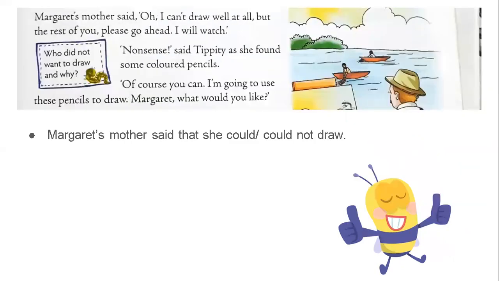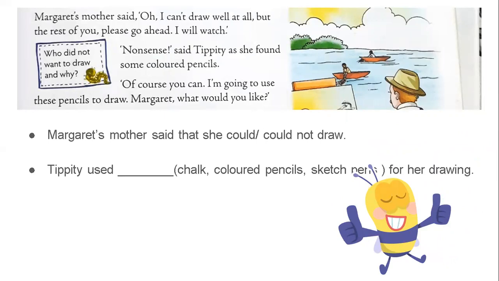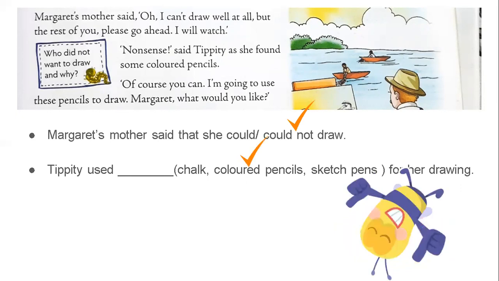Margaret's mother said that she could or could not draw. Your answer? Tippity used chalk, colored pencils, or sketch pens for her drawing. What's your answer? The first one is could not draw. She said she could not draw, but later on she did draw. Second answer, colored pencils. And see who's happy.